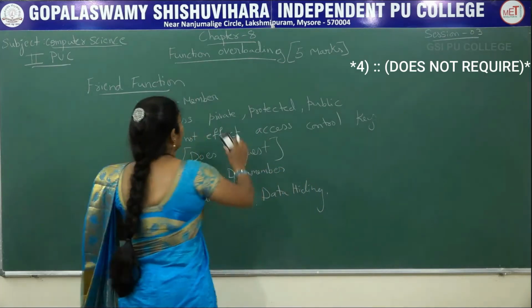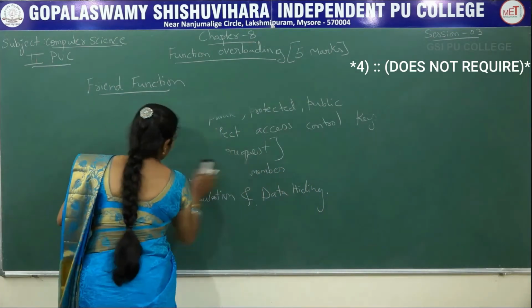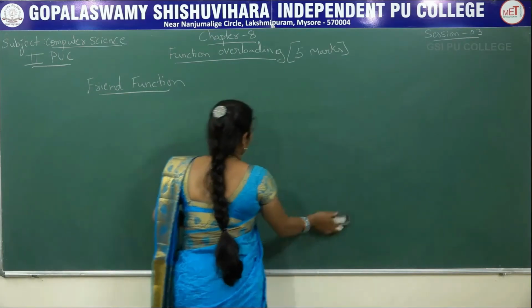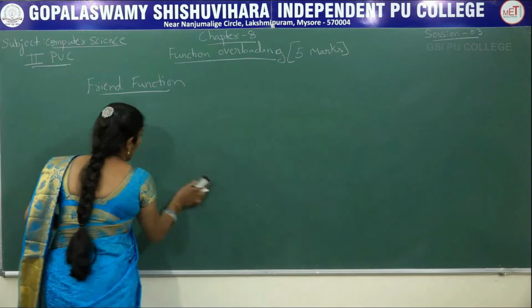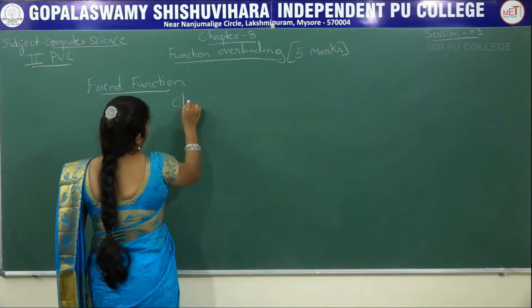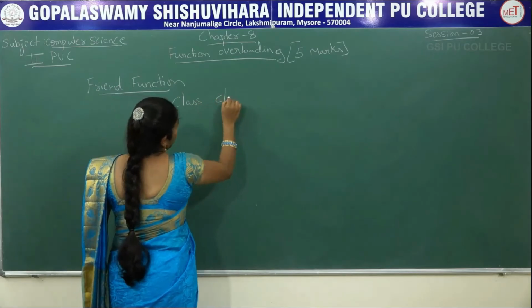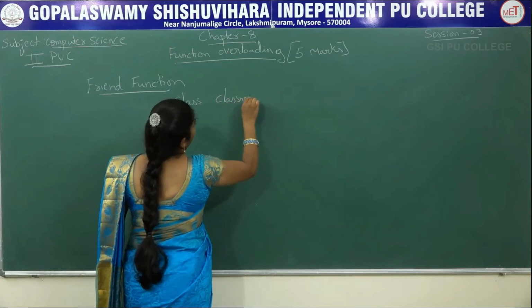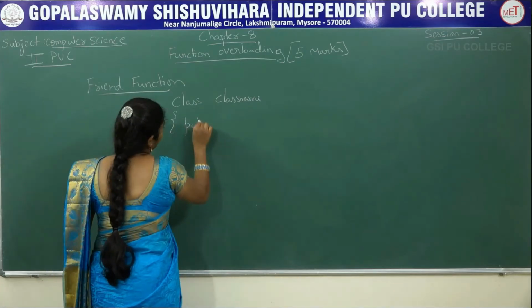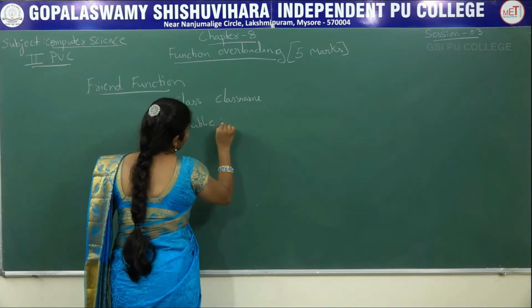We are going to explain this with one syntax as well as one example program. While writing the syntax, we compulsorily have to use the keyword friend. For example, I am going to declare this class name. Here in public, we are declaring this friend function.